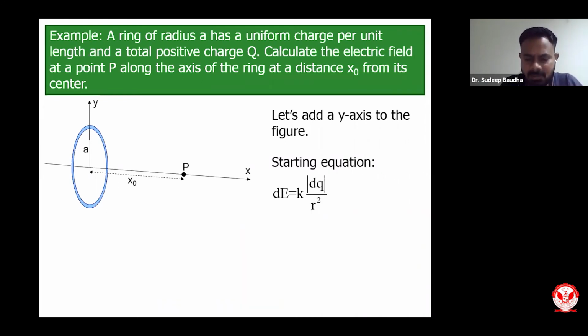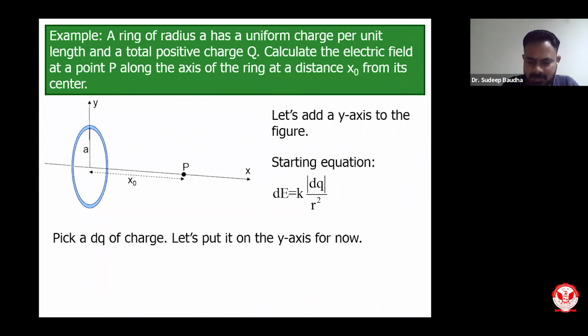So our starting equation, as I have already explained, this is our starting equation for finding out small amount of electric field because of those small amount of charge on that particular geometry. So dE is the small amount of electric field, dQ is small amount of charge across the geometry.